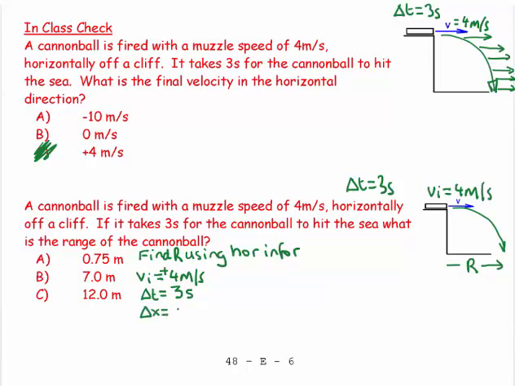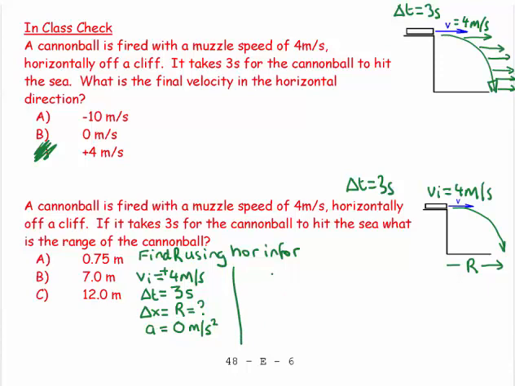I've given it the letter R, but I don't know what it is. What else do I know? Oh, I know my acceleration horizontally is 0 meters per second squared. It's not minus 10 because we're working horizontally.